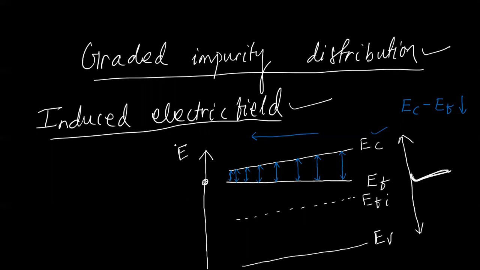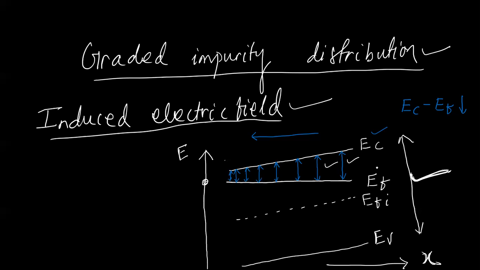So here this is your energy axis, and suppose this is our distance, so in one dimension we are considering. It clearly shows you that if you move in the positive x direction, the doping concentration gradually decreases, right, as your x value increases, as you are moving from this end to this end, left to right.